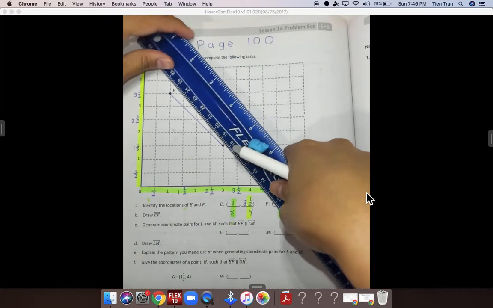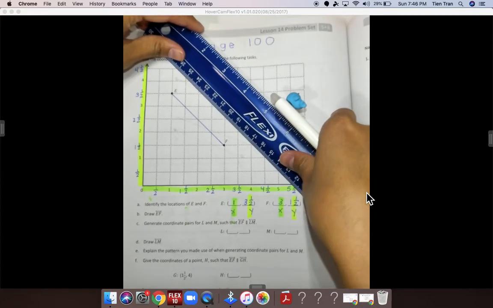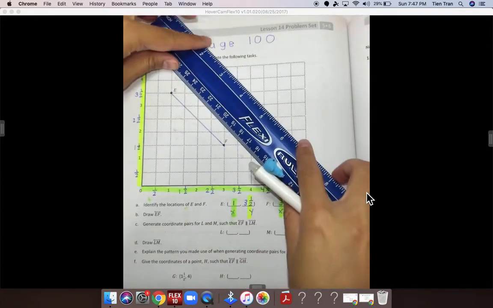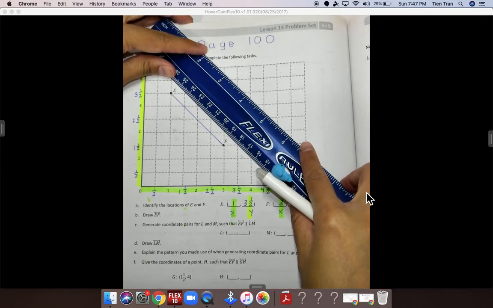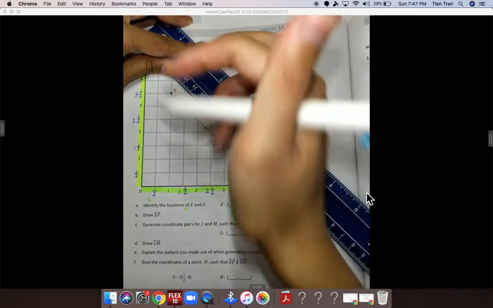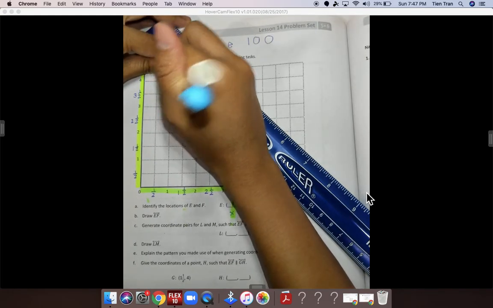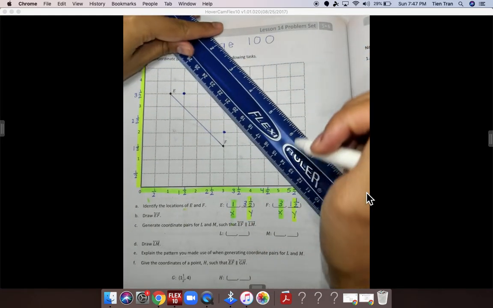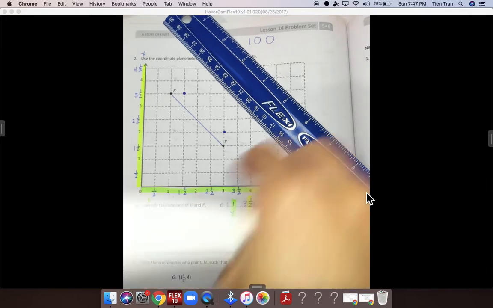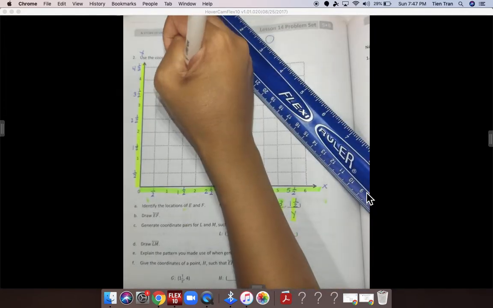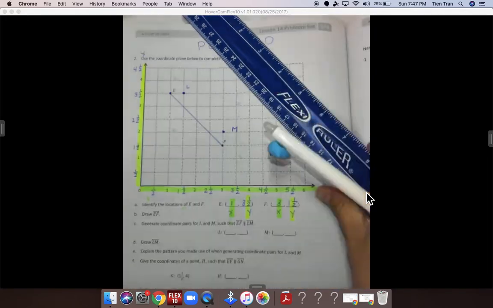So I'm going to draw one up or down. Let's do one maybe right here. Let's just move it up. And I'm going to label this as L and M, just like they asked me to.